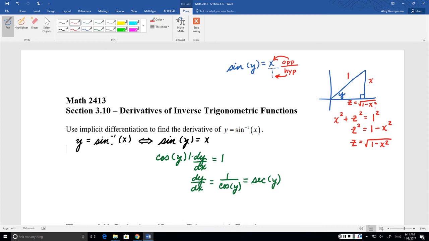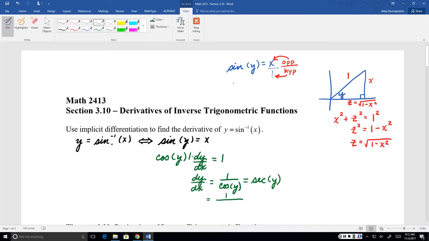Now you may say, how the heck does that help me, and why are we doing this? We'll go back down to our derivative, where we have 1 over cosine of y, or secant of y. I'm going to look at 1 over cosine of y. Cosine of y, I can get from my triangle up here.